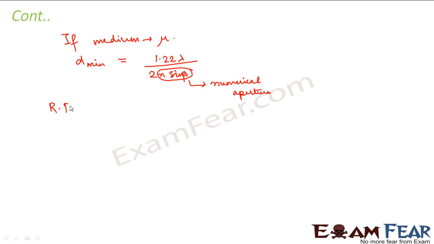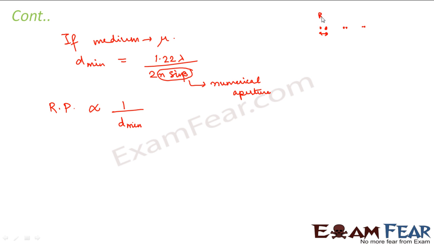So what about the resolving power of a microscope? This resolving power is inversely proportional to this minimum distance. Because what is minimum distance? It says that if the separation between the objects is this much, this is the minimum thing that can be resolved by the microscope. So if this is even lesser than this, that means that microscope has a better resolving power. So if it can even distinguish between these two, that means it has even more resolving power.